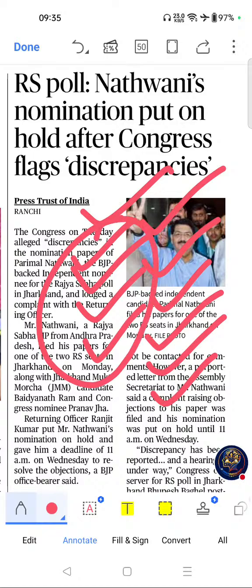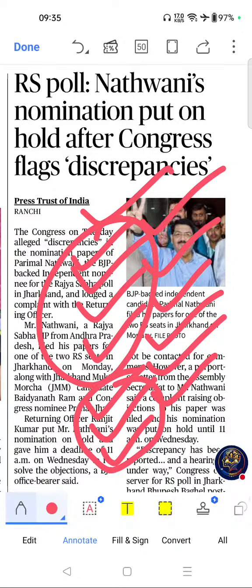And possible question areas from this topic are election of Rajya Sabha members, single transferable vote, and returning officers' functions.